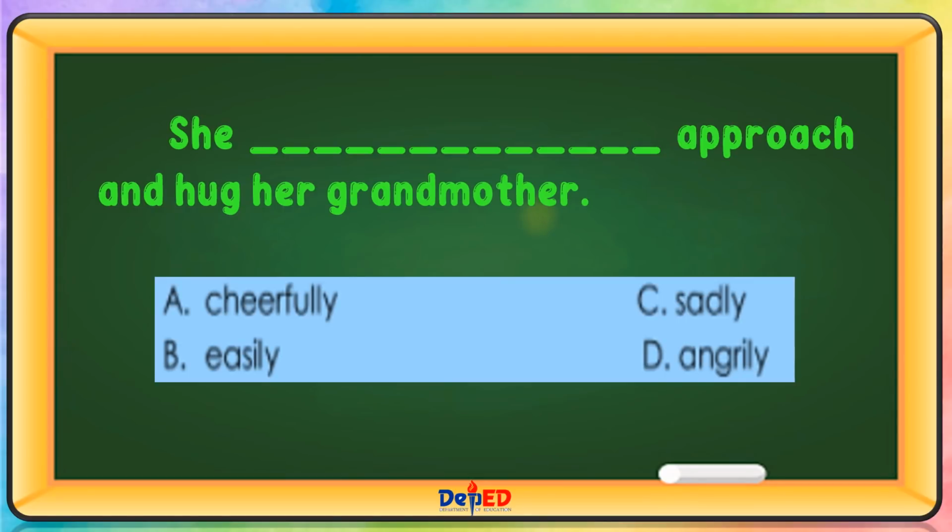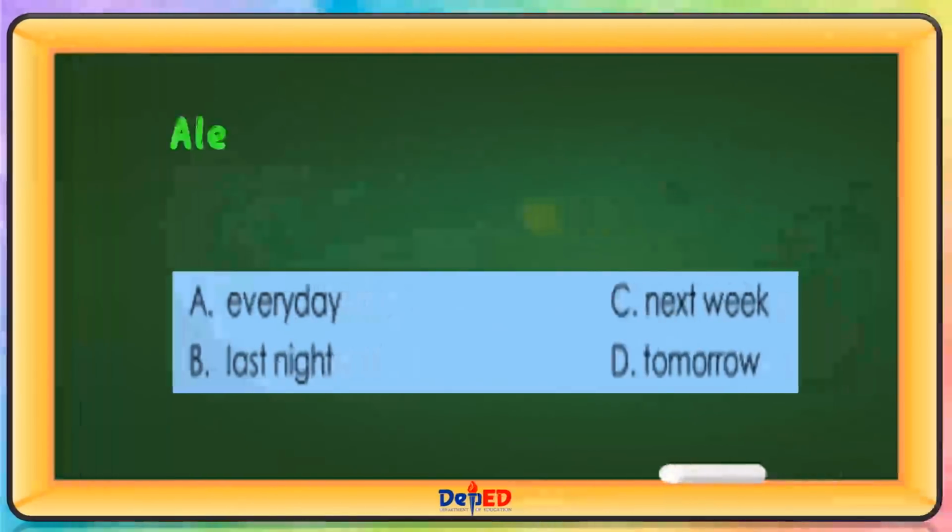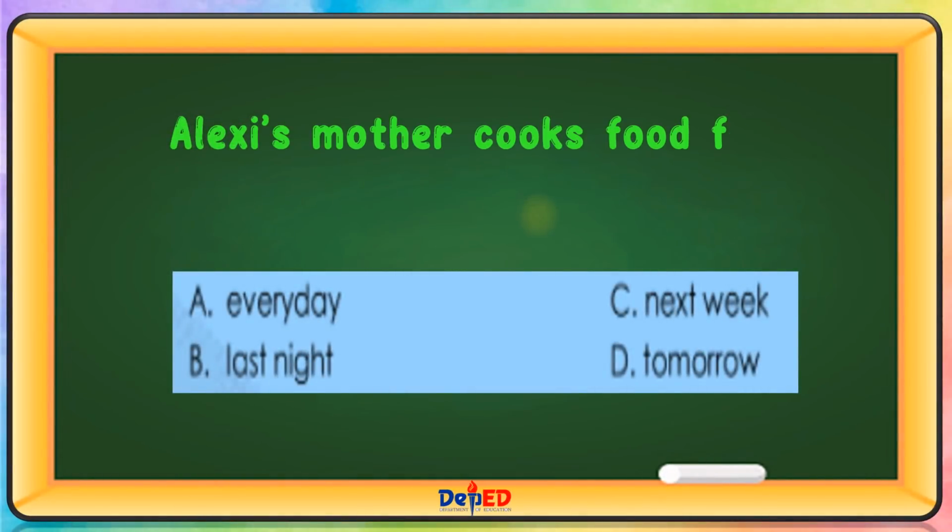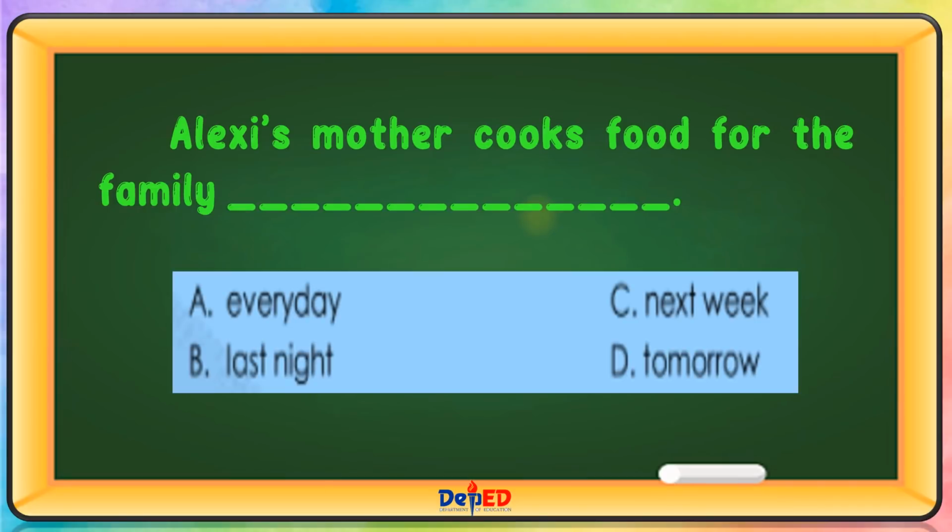The answer is A. Alexi's mother cooks food for the family blank. The answer is A.